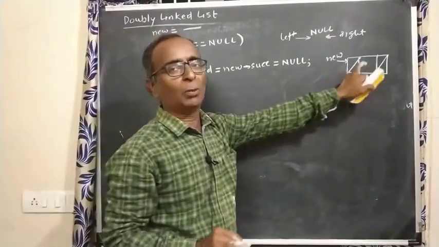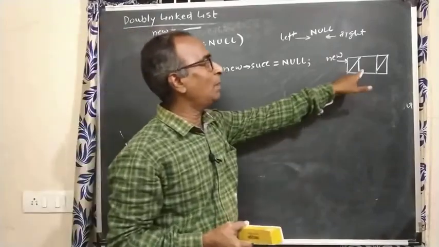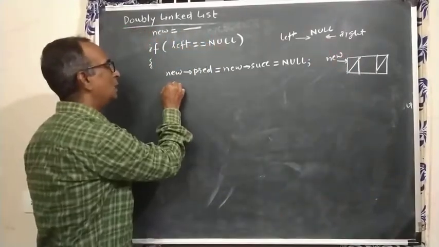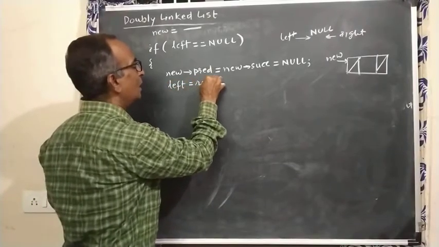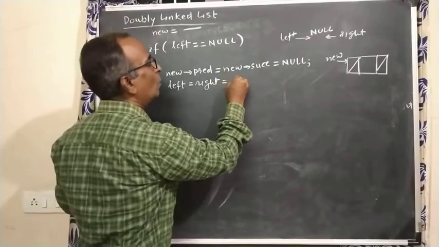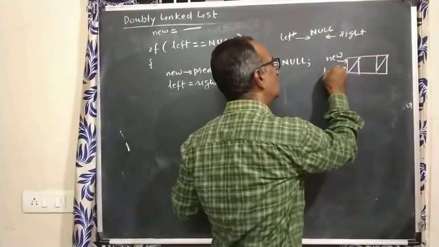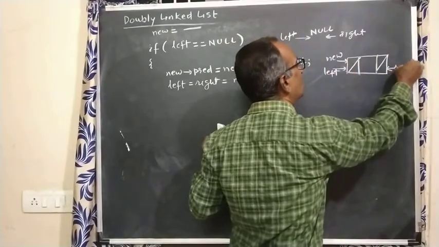So new's pointer fields we have set. Now this node will be the left node, and this node will be the right node also. So left and right you have to adjust. Left is given new, right is given new, which means left will point to this node after insertion, and right will point to this node.